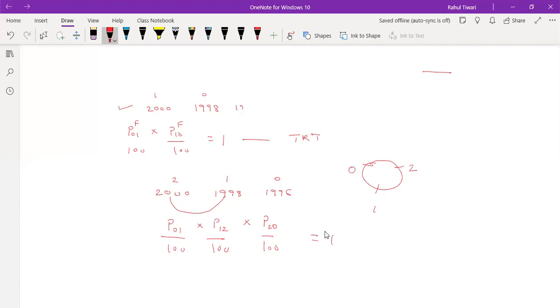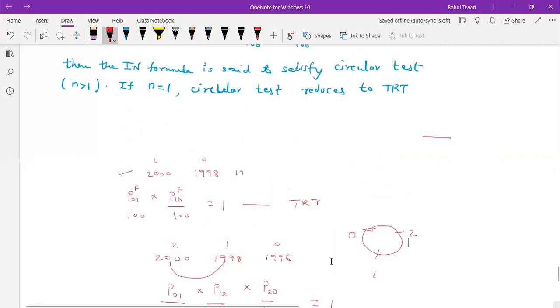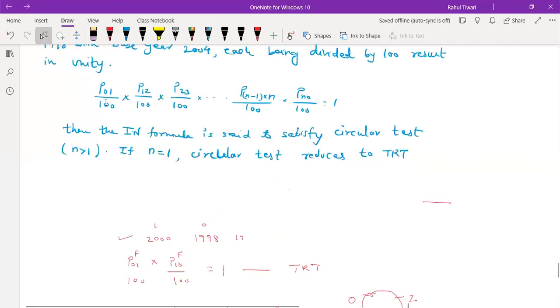Suppose I'm obtaining for the year 1, so 0 will be my base year. Similarly for this one, 1 will be my base year. Similarly for this one, 0 will be the base year.